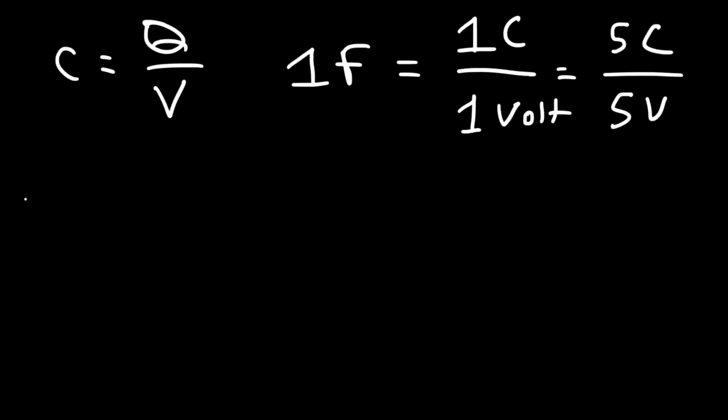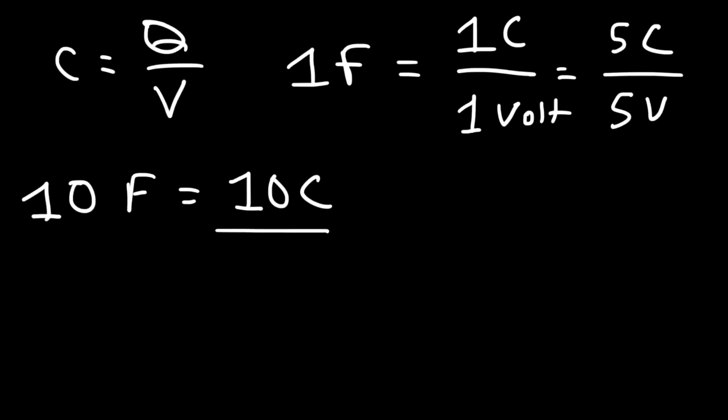Now let's compare this to a 10 farad capacitor. So a 10 farad capacitor can store 10 coulombs of charge per 1 volt applied to it. So notice the difference. If we have a 1 farad capacitor and we apply a 1 volt battery across it, it can only store 1 coulomb of charge.